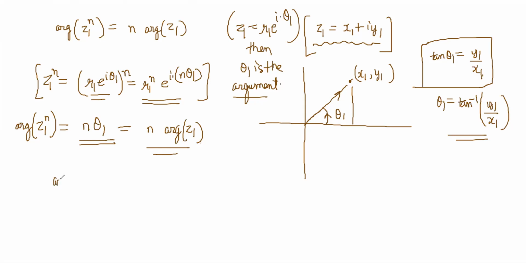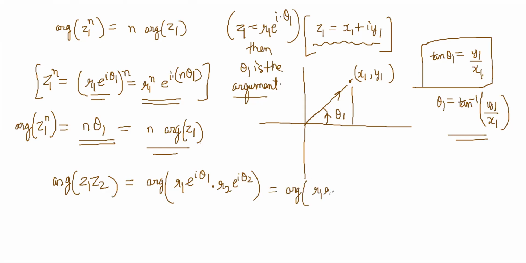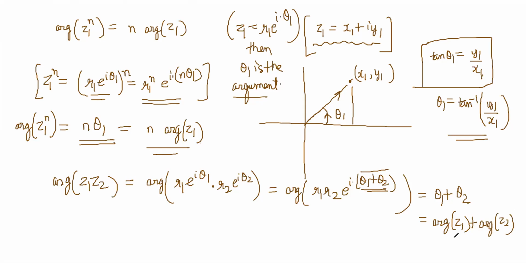So argument of z1 z2 will be equal to argument of r1 e^(i theta 1) into r2 e^(i theta 2), which is argument of r1 r2 e^(i (theta 1 plus theta 2)). The angle appearing here is theta 1 plus theta 2, which is equal to argument of z1 plus argument of z2. Correct.